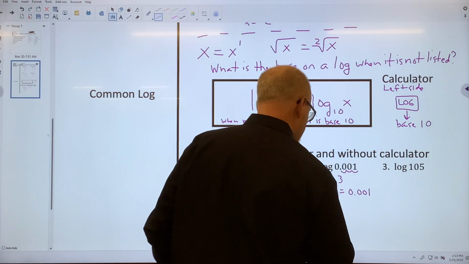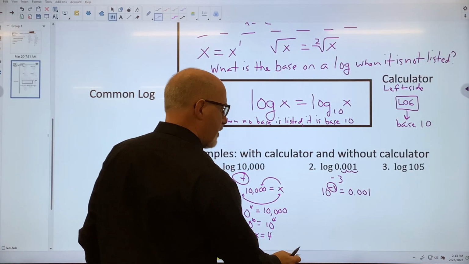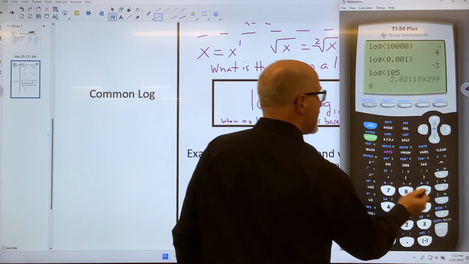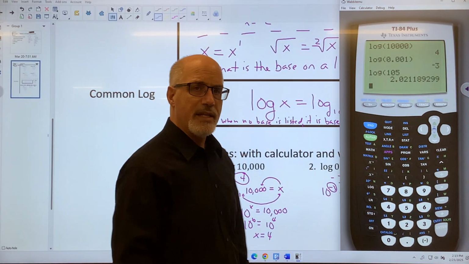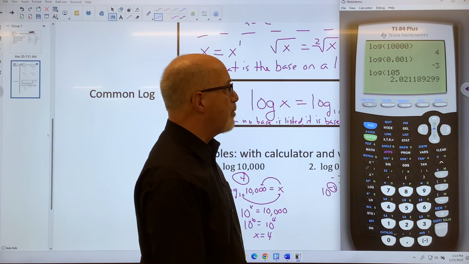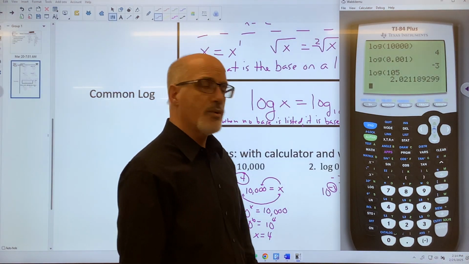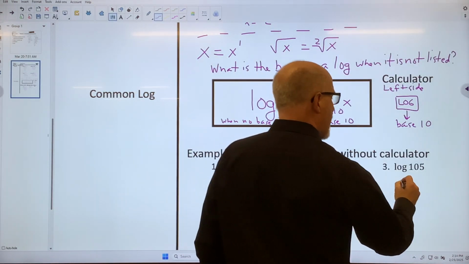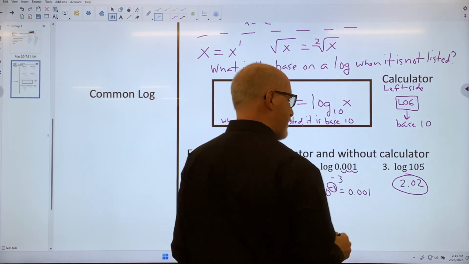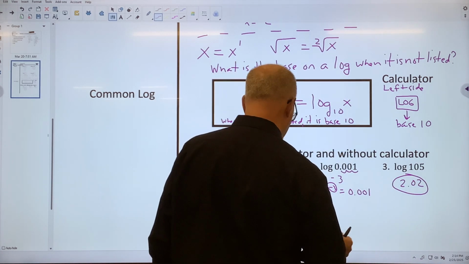So when we do this, we're going to have to do it on a calculator. And so we get log of 105, gets me a long decimal. And so I'm going to go ahead and put 2.02 as my answer, just rounded. Now, rounded is not exact. We're going to sometimes have to round answers, and that's what the calculator does.